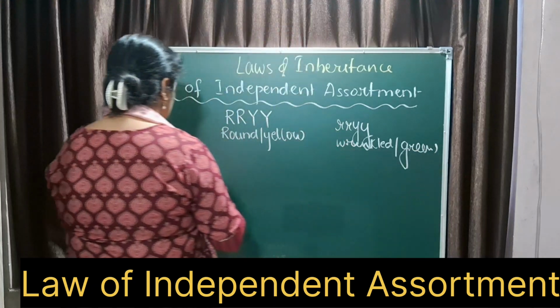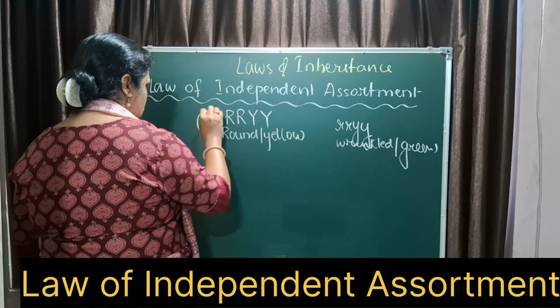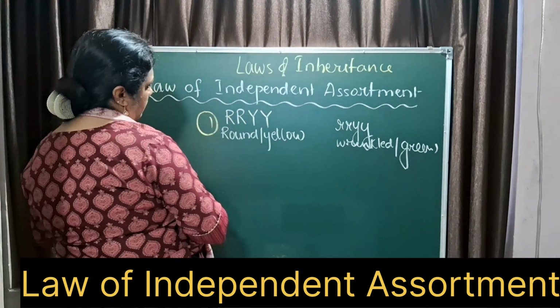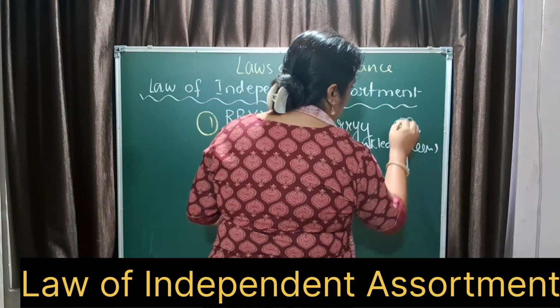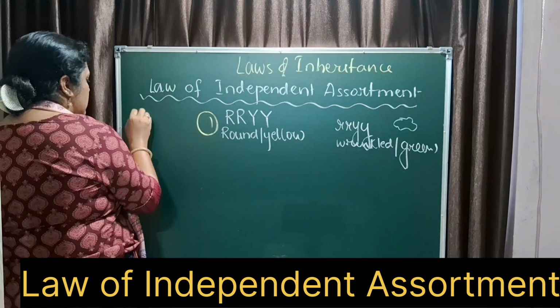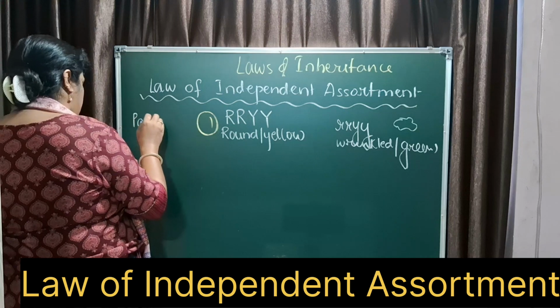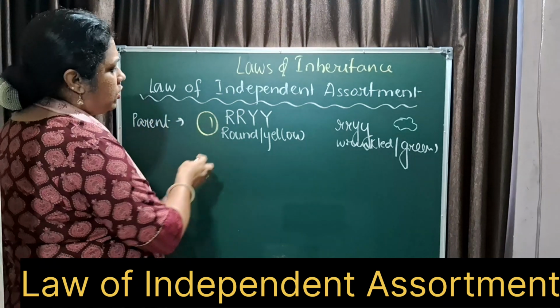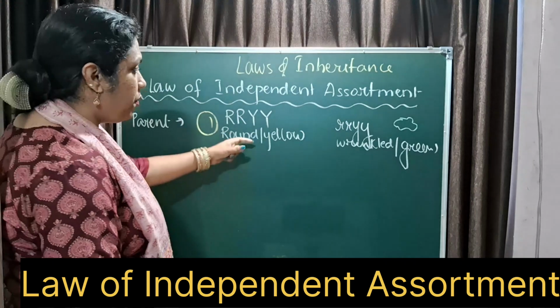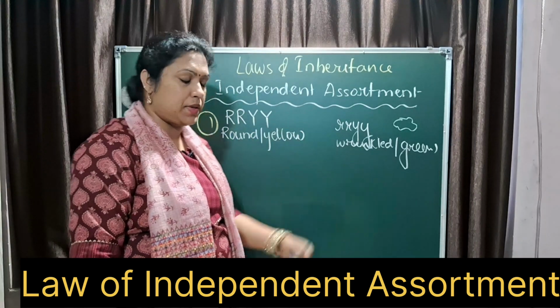If you have to understand, this is round and yellow, and this is green and wrinkled. This is the parent, and parents are pure, so you can see they are completely dominant, completely recessive alleles are present.